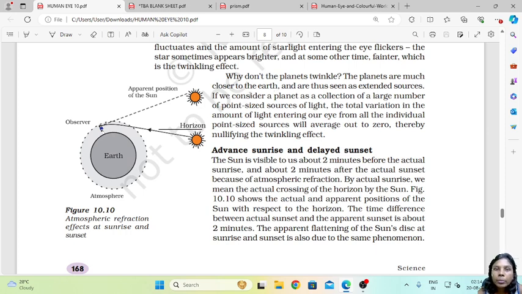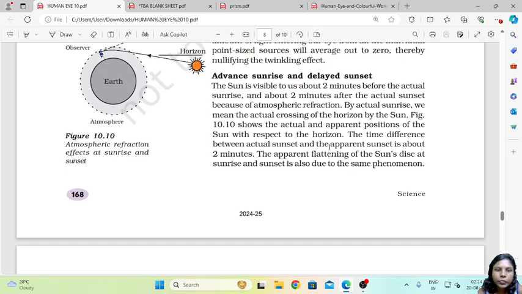So planets are much closer to the Earth, and thus they are seen as extended sources. If we consider a planet as a collection of a large number of point-sized sources of light, then the total variation in the amount of light entering our eye will go to null. So therefore it will go to 0. Therefore we cannot see the planets twinkle.